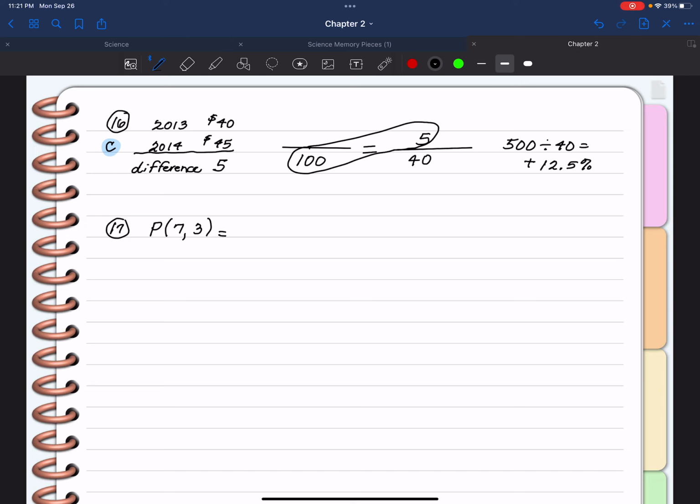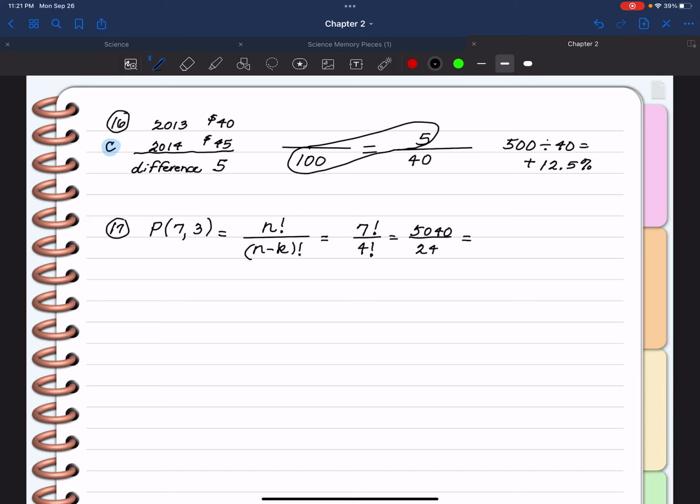And if you want to use the formula, it looks like this. N factorial over N minus K factorial is 7 factorial over 4 factorial. 7 factorial is 5040. 4 factorial is 24.